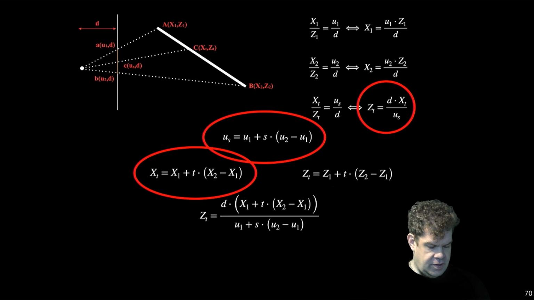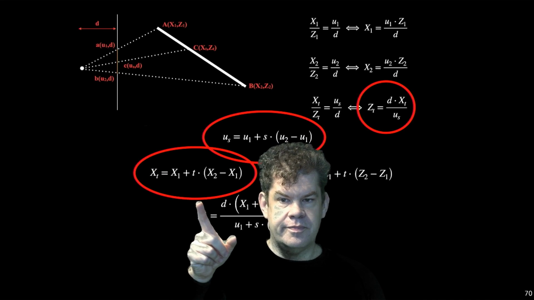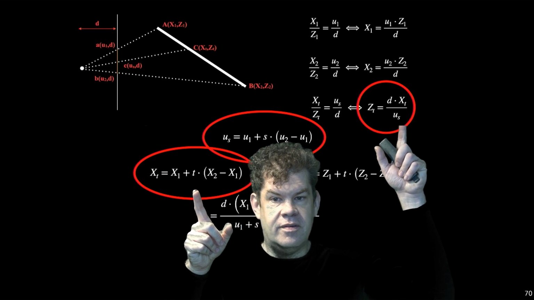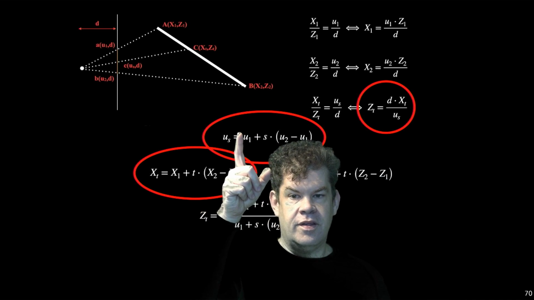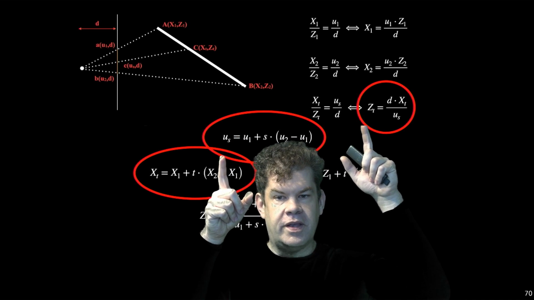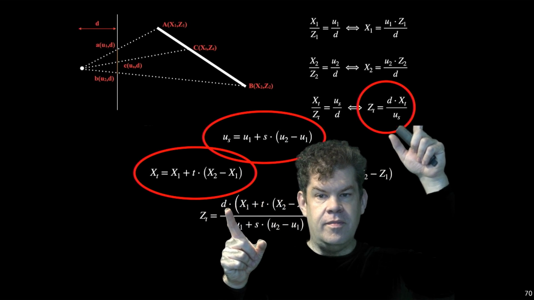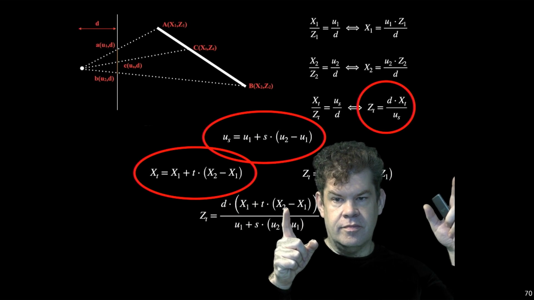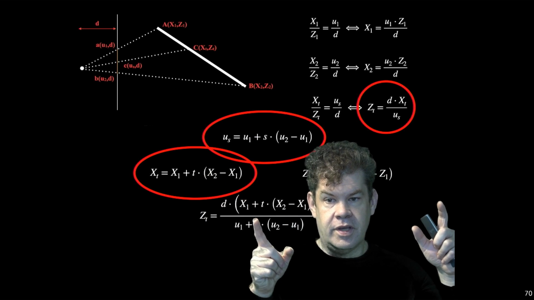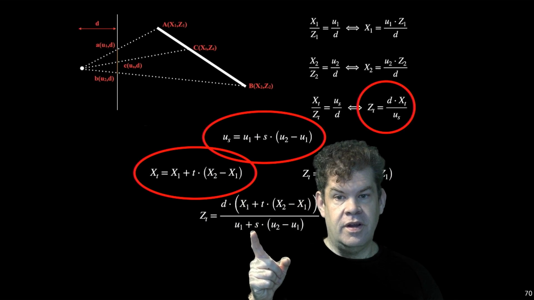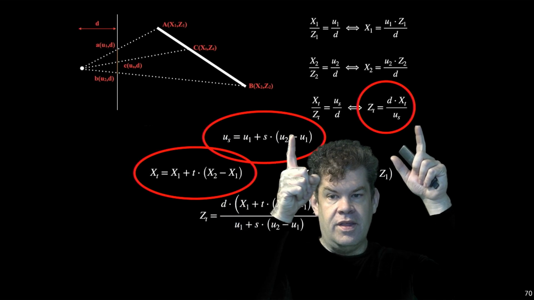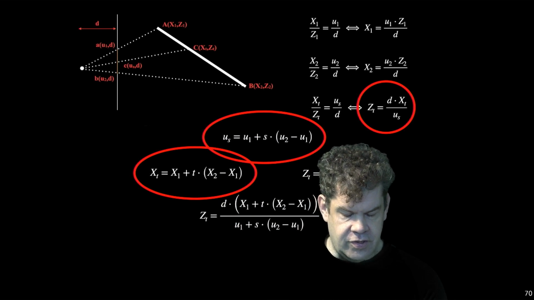This one fits nicely into the x term, and this one fits into the bottom. So we would expect z_t equals d times this thing, divided by that thing, which is exactly what we got. This is the equation that we get.